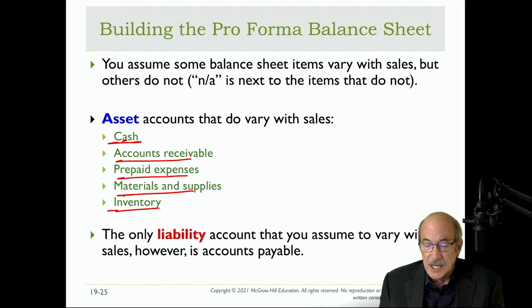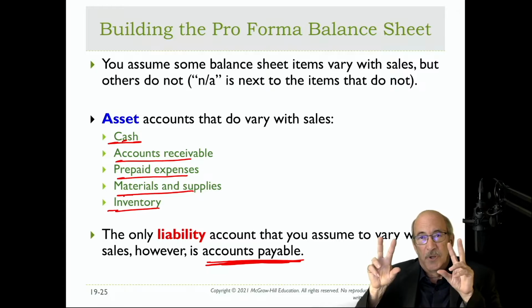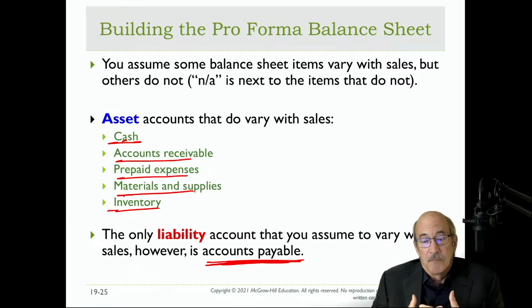The only liability account that you're going to change as a percent of sales is accounts payable. And then we've got a few other accounts that are, again, plug accounts.